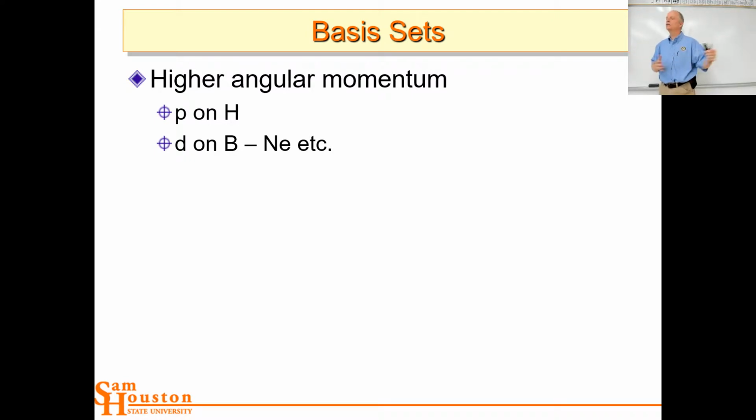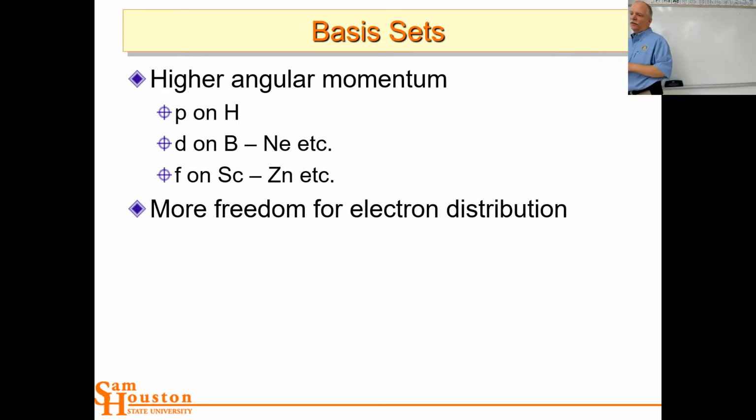It won't mix it in because it's not needed to get that natural answer. But if we do give it some 3D character, and like in cyclopropane, it needs it, it will use some of that and say, look, if you give me 3D orbitals, now I can match a 60-degree angle. The bottom line, if this is confusing the heck out of you, give it a whole bunch of stuff and it'll be more accurate. Give that electron more freedom. Because in nature, the electron has all the freedom it wants. Okay.